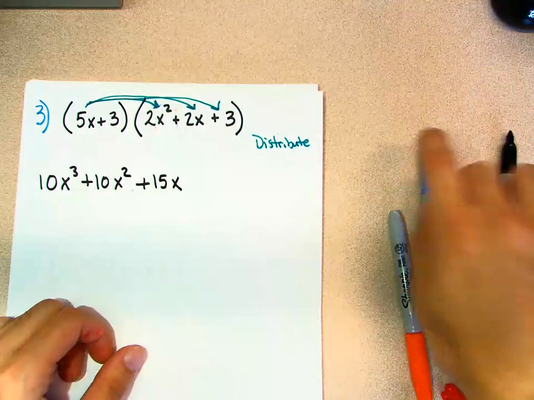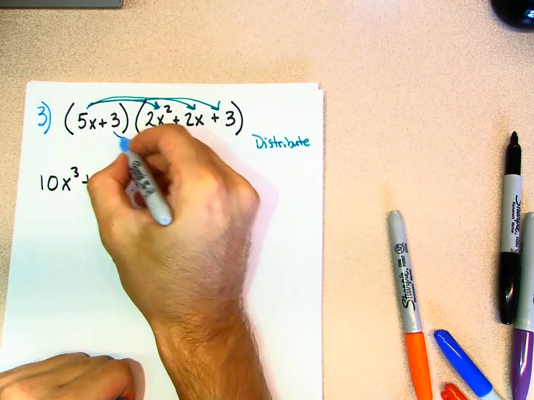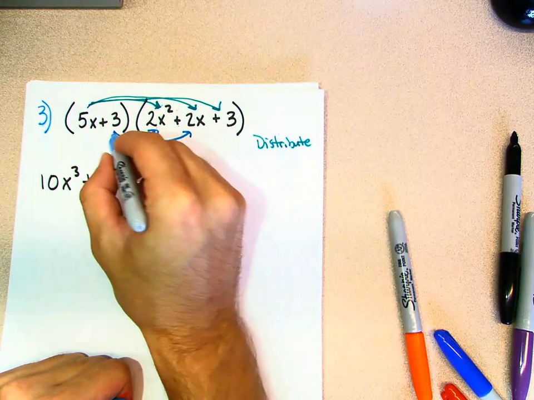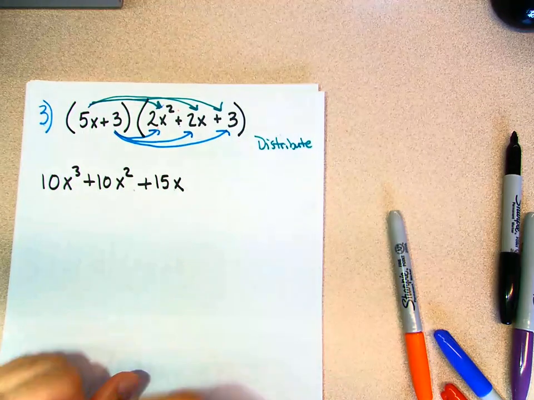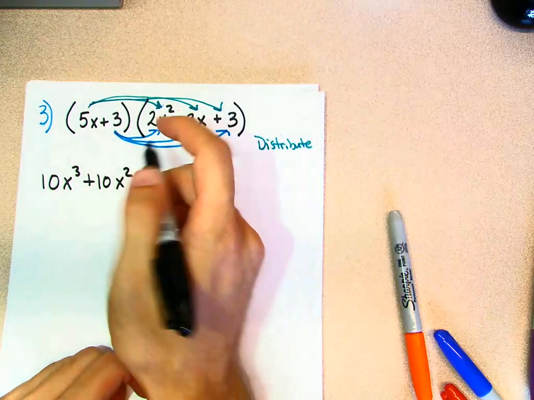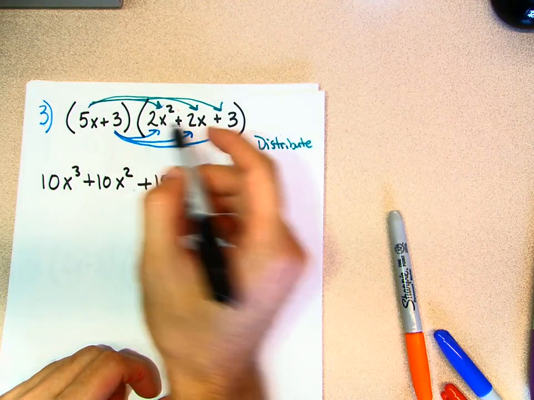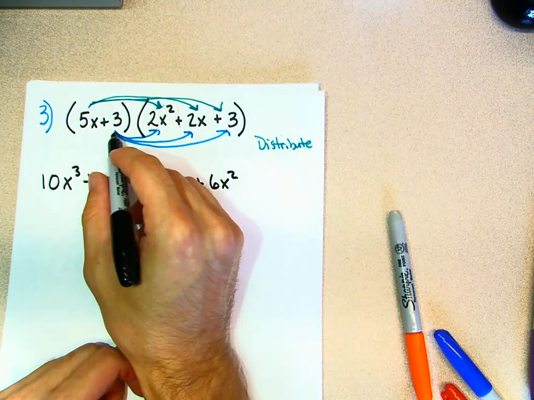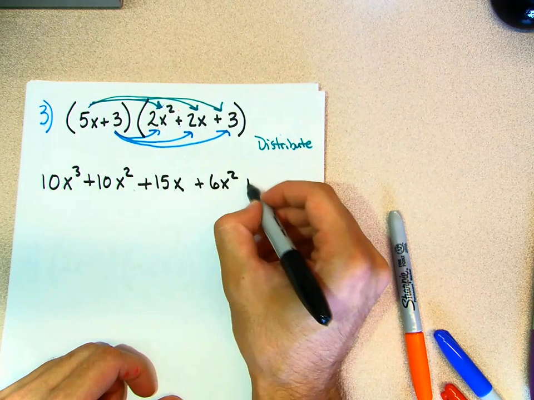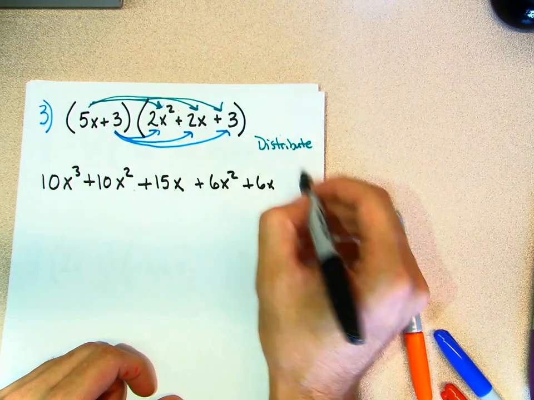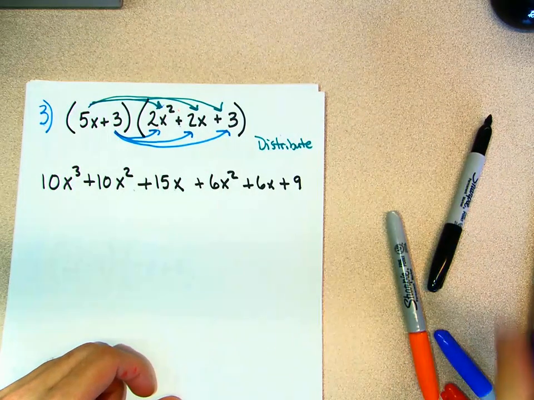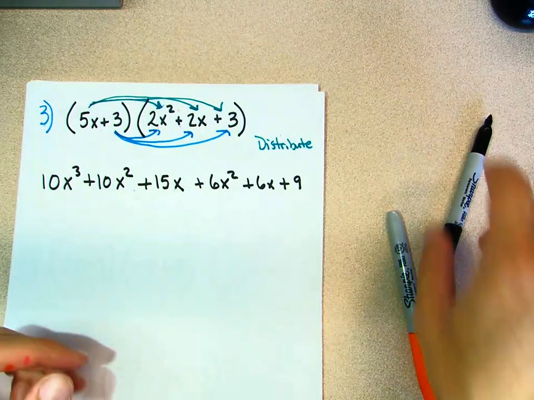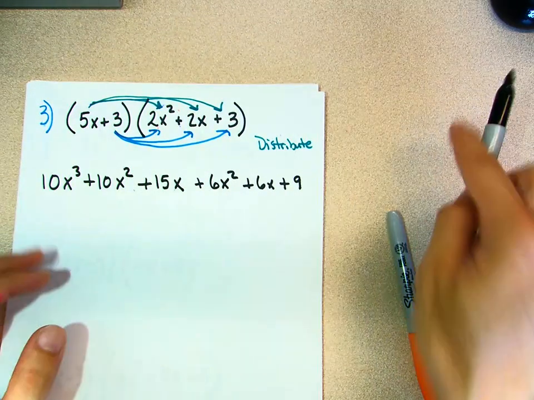Then we got to do this one, 1, 2, 3, right? And then this becomes what? 3 times 2x squared is 6x squared. 3 times 2x is 6x. 3 times 3 is 9. Now once we get this whole expression, which ones can we put together first?